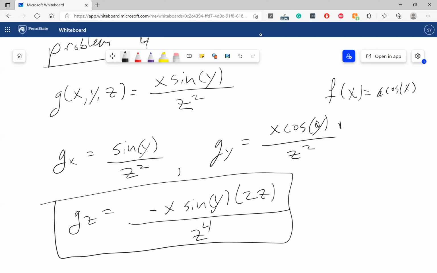So when you're taking it with respect to z, what are x and y, constants? Here you have this part that just remains the same times the derivative of this part with respect to z. So that's 2z. And then at the bottom, you just take this thing and you square it.